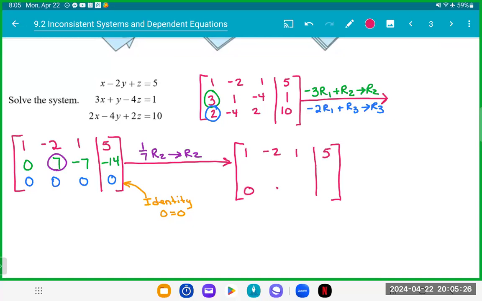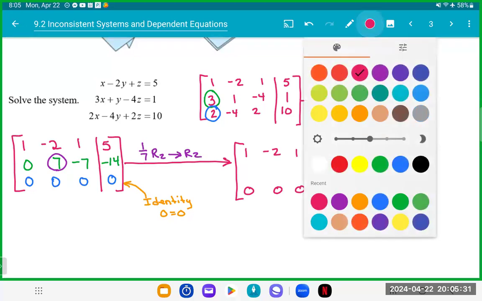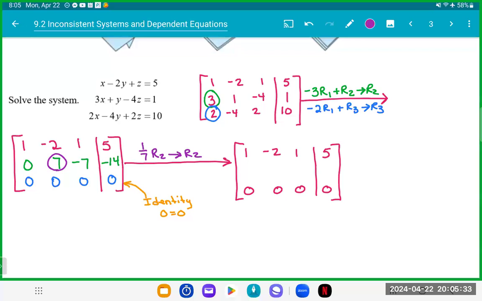And then our identity, which is all zeros. 1/7 times 0 is 0. 1/7 times 7 is 1. 1/7 times -7 is -1. And 1/7 times -14 is -2.